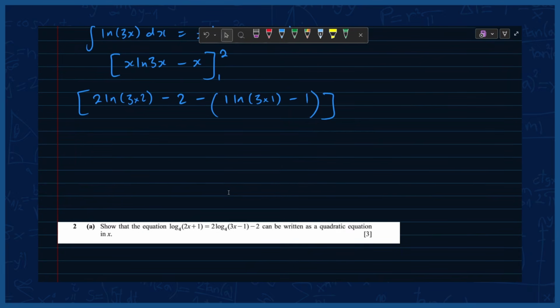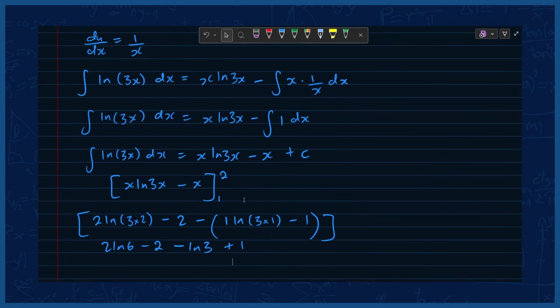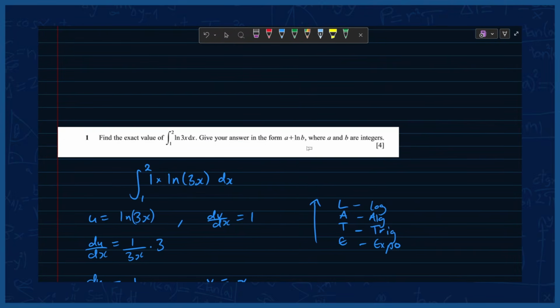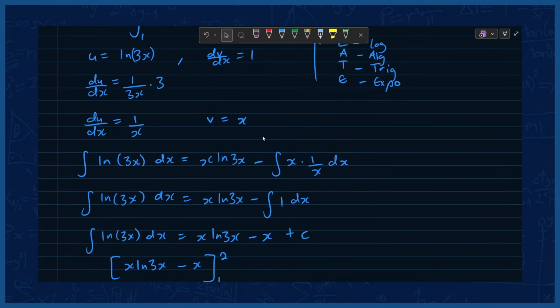Okay, so if we simplify this, that is 2 ln 6 minus the 2, and then I've got minus the bracket, so this here becomes ln 3, and then minus 1, so plus 1. Do they specify what they want? They say they want the form a plus ln b.